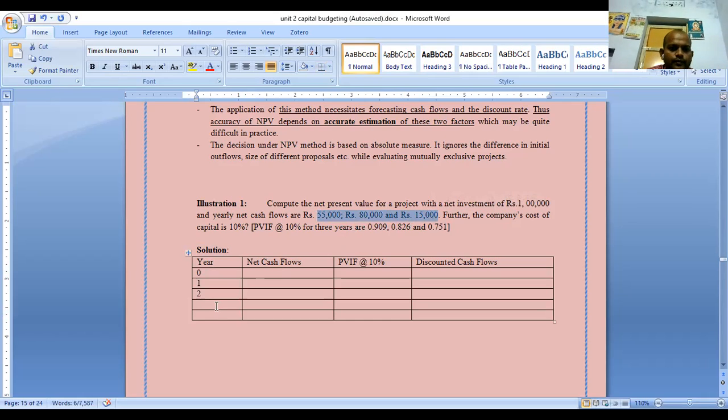In the year 0 we invested 1 lakh rupees, and the present value interest factor in year 0 will be 1 only, so it becomes 1 lakh.